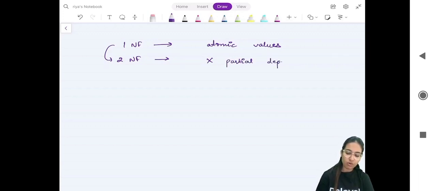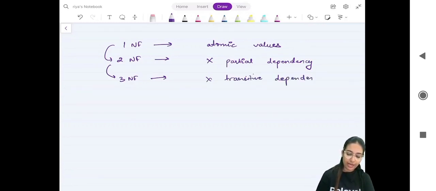Partial dependency goes by the fact that all the other attributes should be fully dependent on the primary key or the composite key. And the third NF basically says that there should not be any transitive dependency. It's like A is dependent on B and B is dependent on C, right? That kind of transitive dependency should not be present.